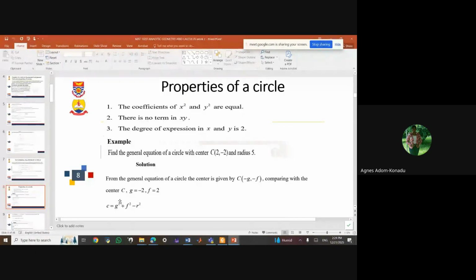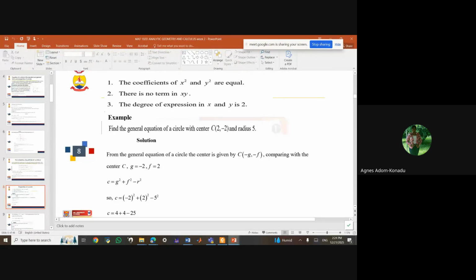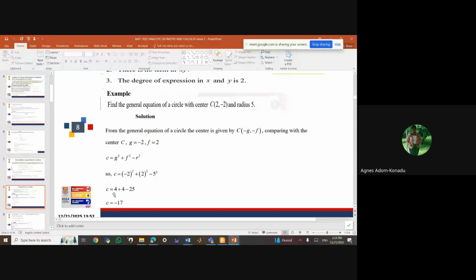My c is g squared plus f squared minus r squared. So I'm going to get (-2) squared plus 2 squared minus 5 squared. This is 4 plus 4 minus 25, which is -17.